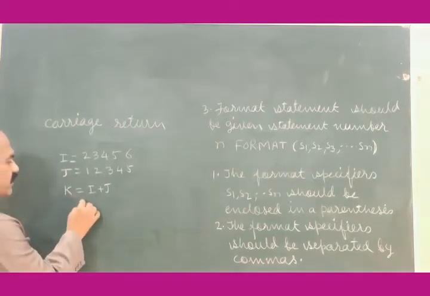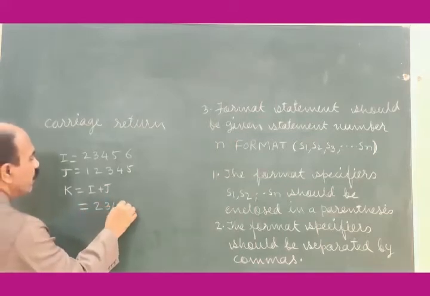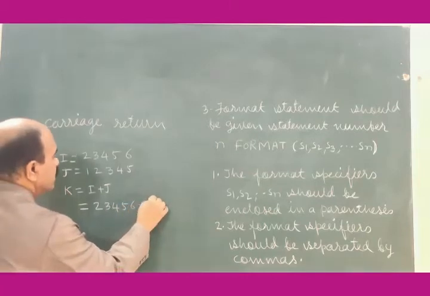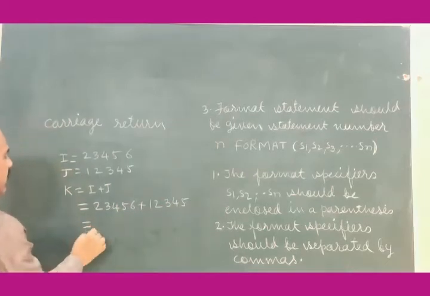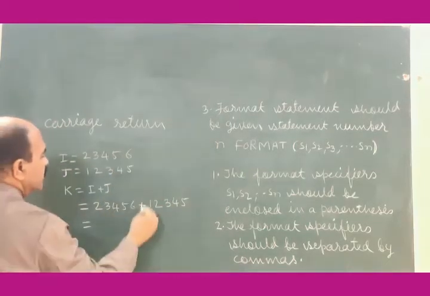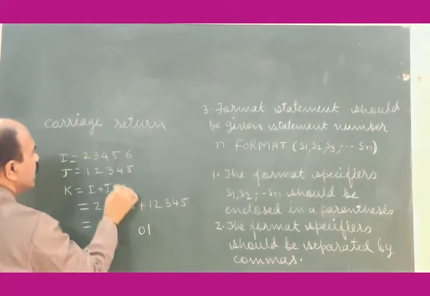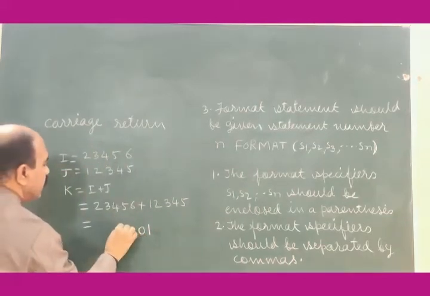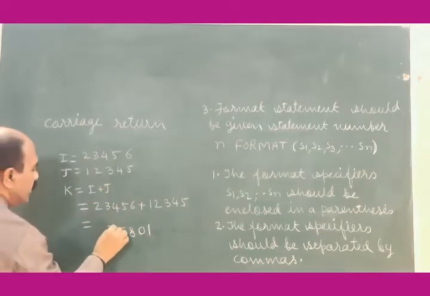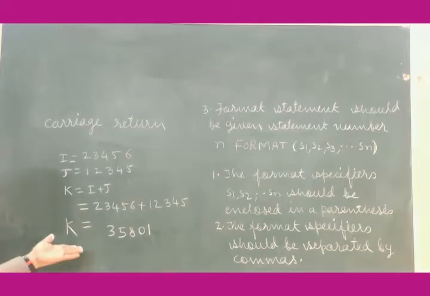Put values of I and J, that will be 2, 3, 4, 5, 6 plus 1, 2, 3, 4, 5, and the answer will be 5 plus 6, 11, 1 carry 1, 5 plus 5, 10, 0 carry 1, 4 plus 4, 8, 2 plus 3, 5, this 1 plus 2, 3. So, the output data is 3, 5, 8, 0, 1.